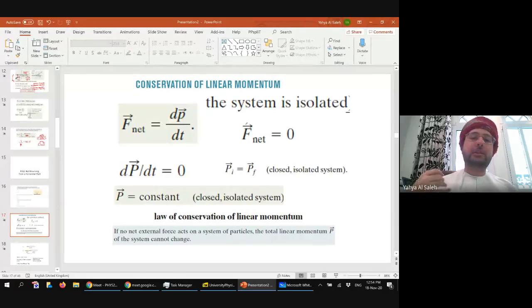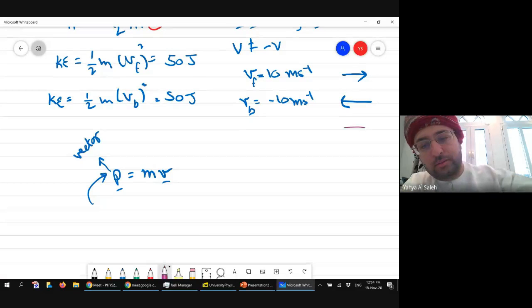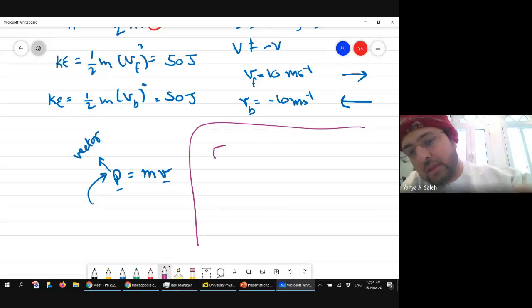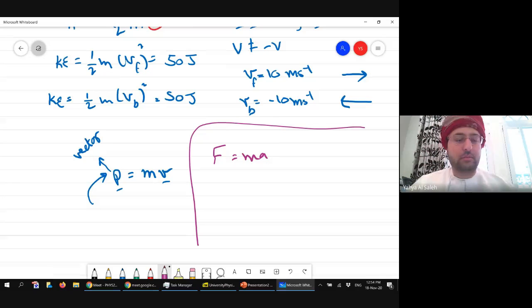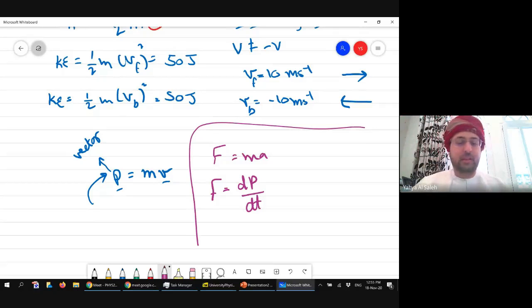And it turns out that how quickly the momentum changes is your force. Just like we initially defined F equals ma, we also define F equals dp over dt.